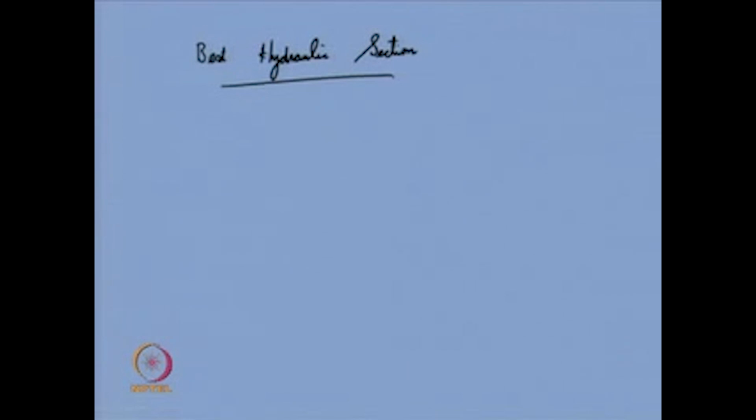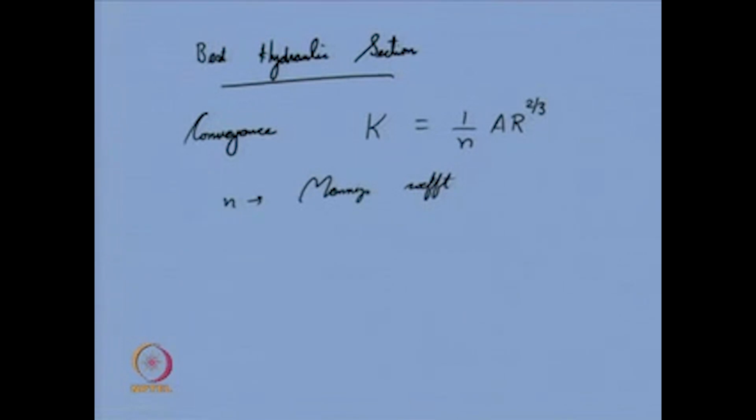If you recall the term conveyance, I hope you recall it, conveyance K for uniform flow, according to Manning's equation, was given as 1 by n A r to the power of 2 by 3, where n is Manning's roughness coefficient, A is area of cross section, r is your hydraulic radius.